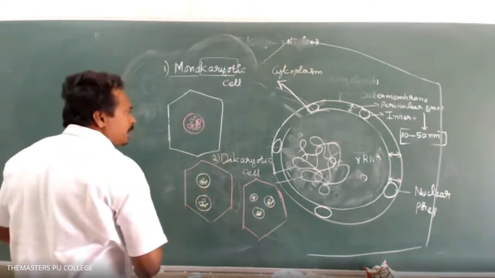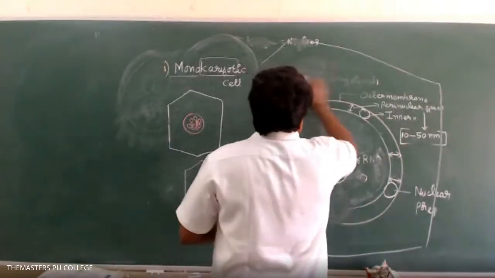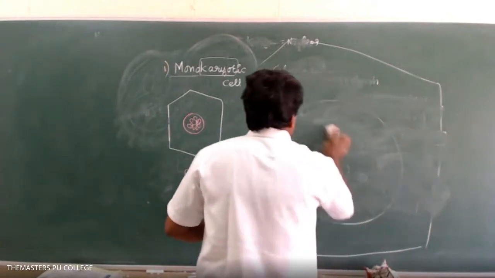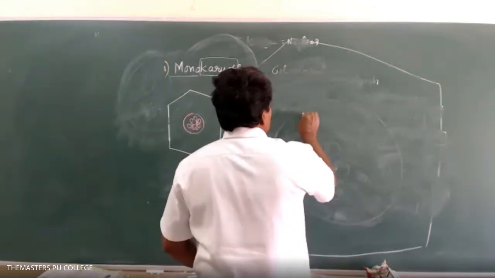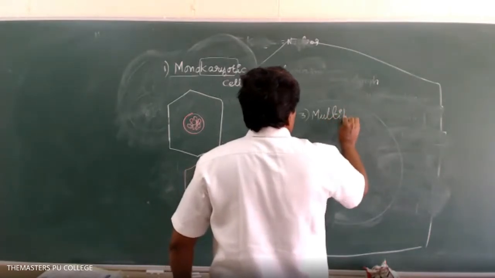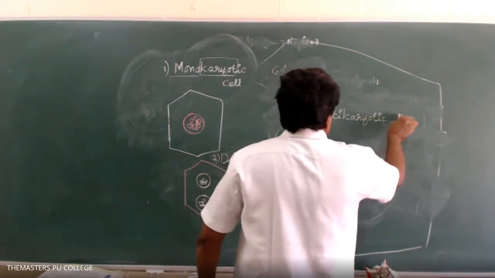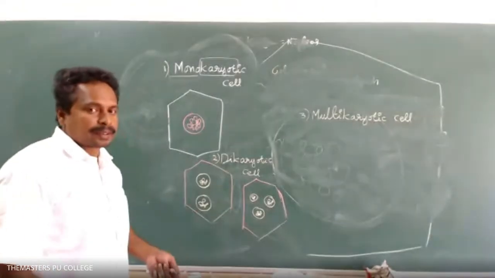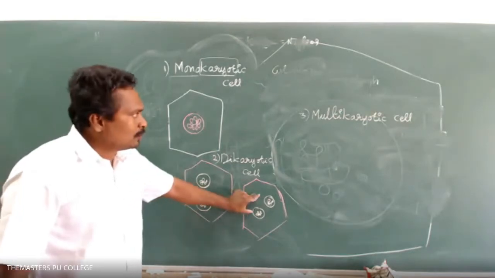Monokaryotic, dikaryotic, multikaryotic. So based on the number of nuclei: monokaryotic, dikaryotic, multikaryotic cell.